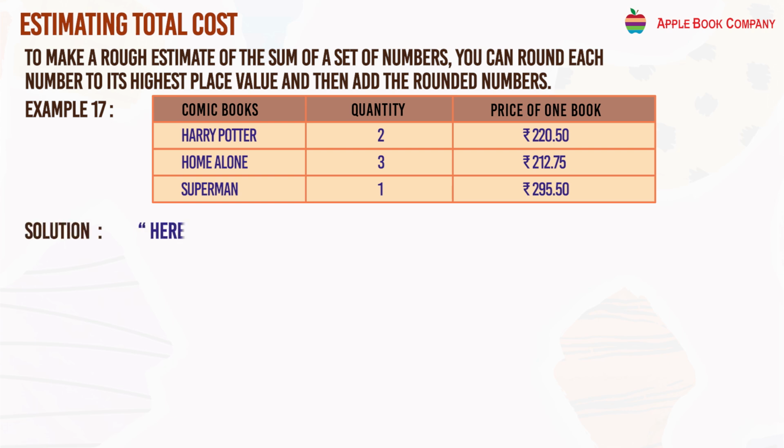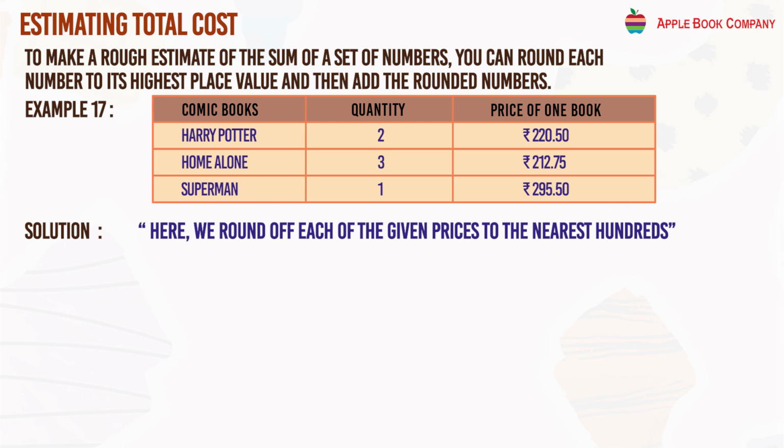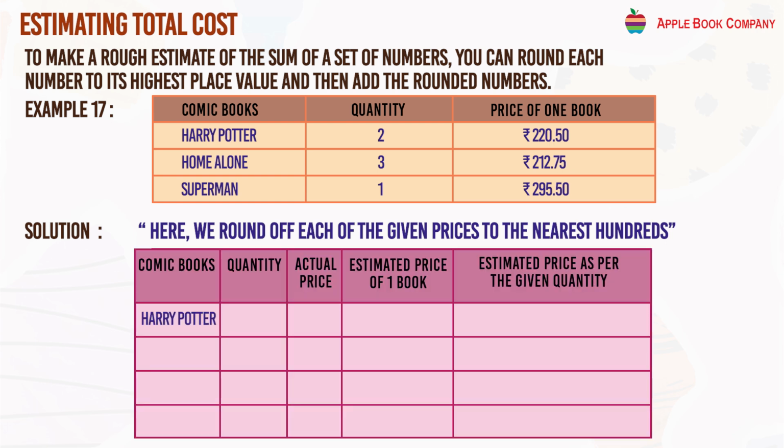Solution: here we round off each of the given prices to the nearest hundreds. Comic books. Harry Potter, quantity 2, actual price 220.50. Estimated price of 1 book 200. Estimated price as per the given quantity 200 into 2 equals rupees 400. Home Alone, quantity 2, actual price 212.75.